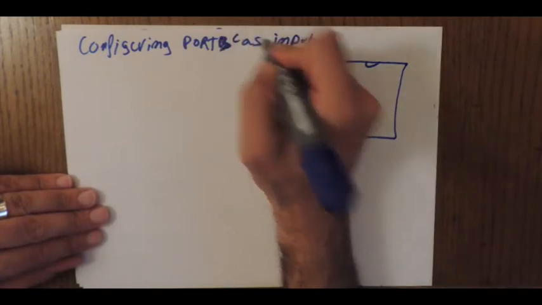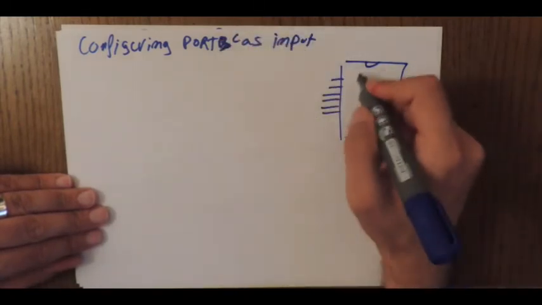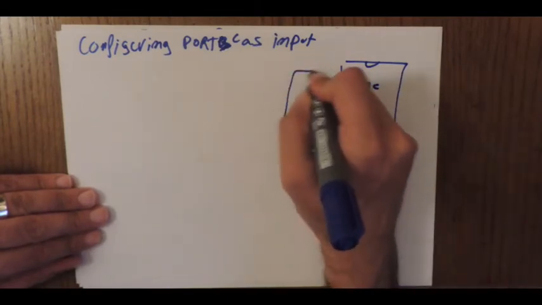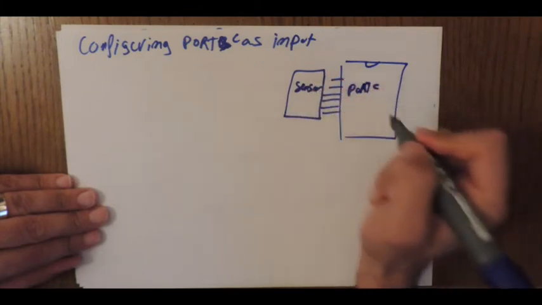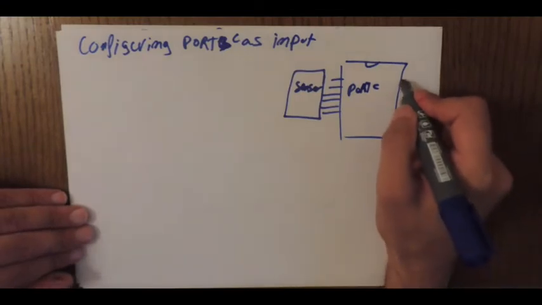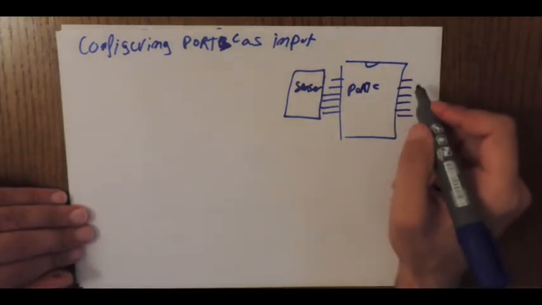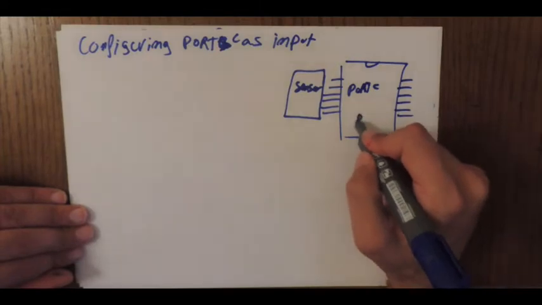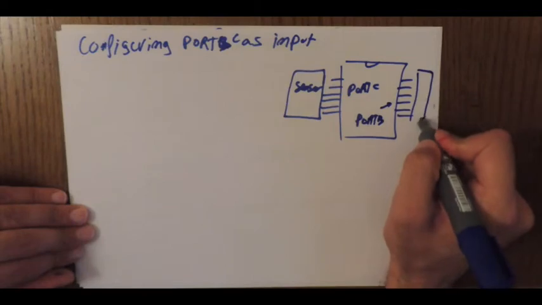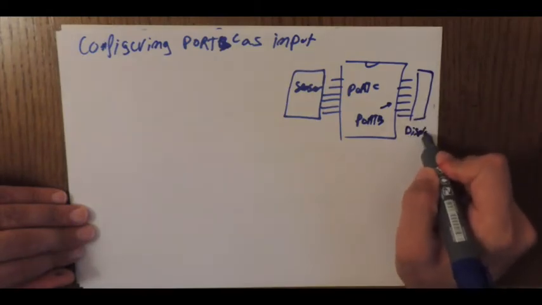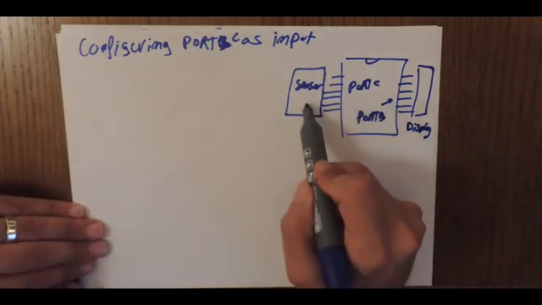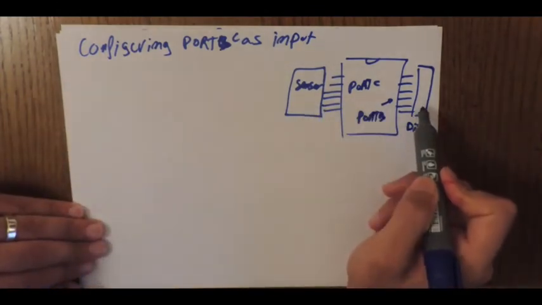Let's use port C. So let's say assume port C is here, and we have some sort of a sensor, and this sensor is just giving data, and I want to place the data on port B. So this is port B. Let's say I have here a display. So if I want to write this problem, I want to read values from a sensor and place it on the display connected to port B.